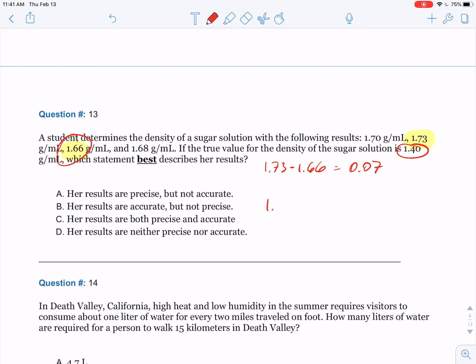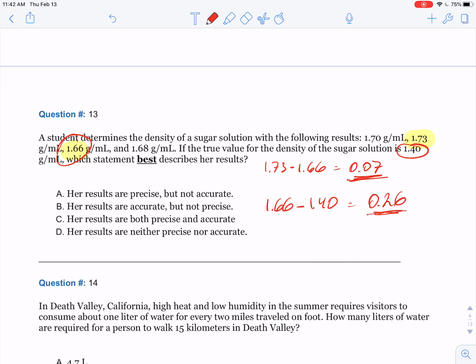So it's going to be 166 minus 140. And that is 1.26. So you see that this difference is smaller than the difference between the lowest value and the actual value. So the values are actually farther away from the actual value than they are from each other.